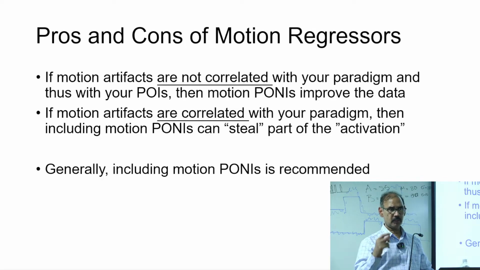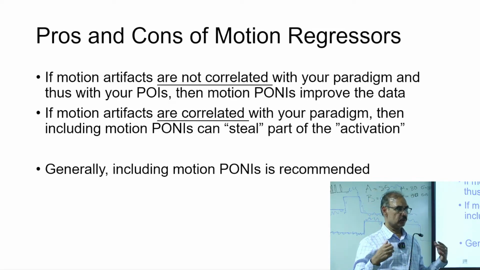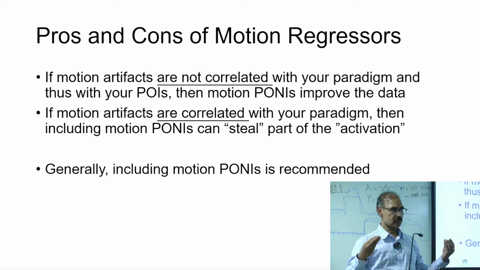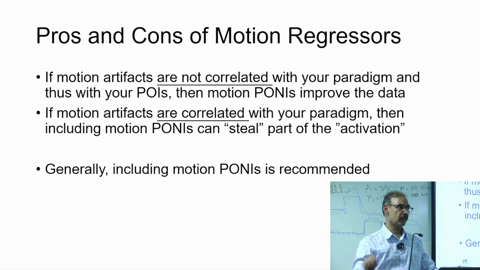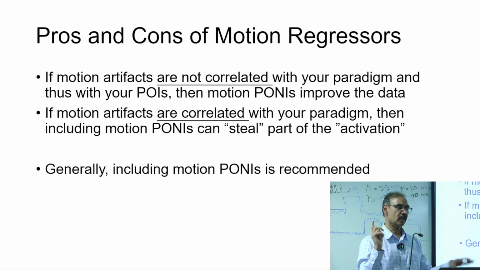So during motion, the signal change is abrupt, right? And it will look like a spike. While if it is due to the neuronal response based on the task you're doing, the response is going to be gradual, right? So that is one way to detect. But as I've said, the easiest way to detect is just by looking at the data. You can make a movie or toggle between the first image and the last image, and it will give you a decent understanding of how the data looks.